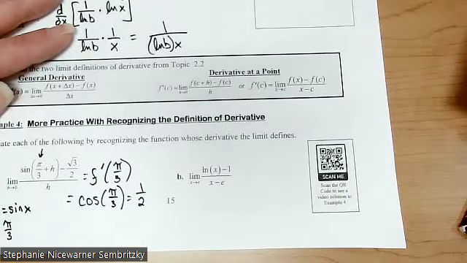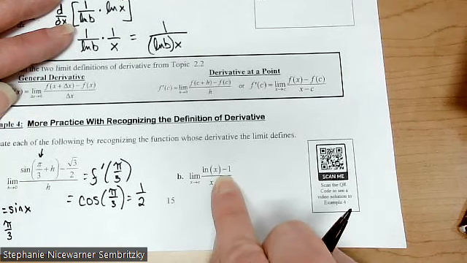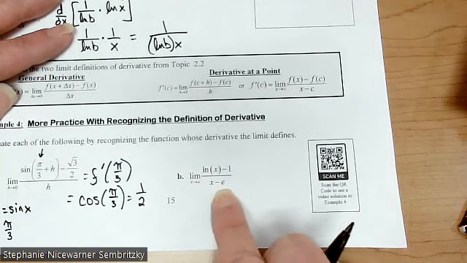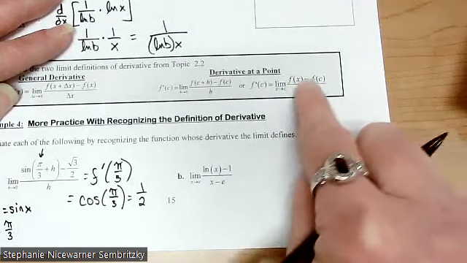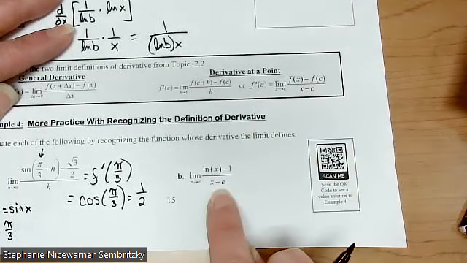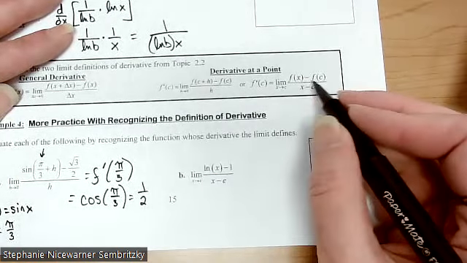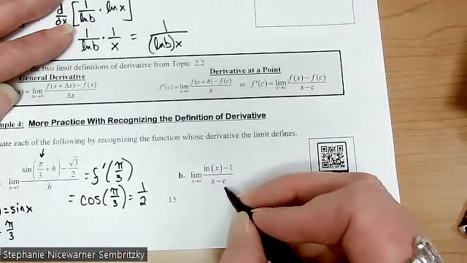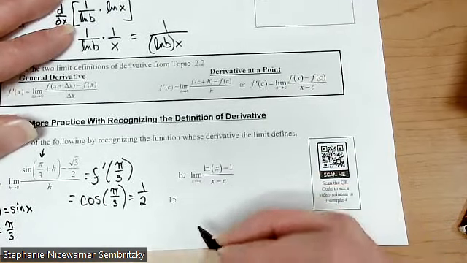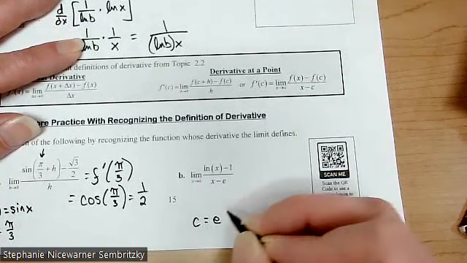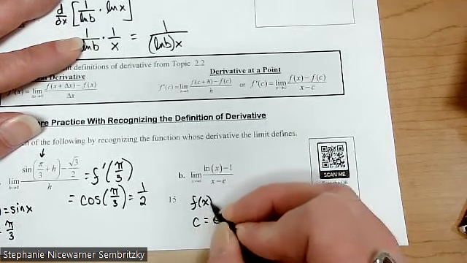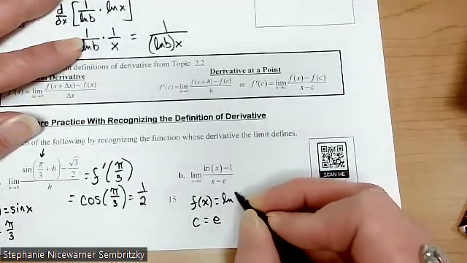On this next one, ln of x minus 1 over x minus e. This kind of reminds me of this setup. Let's see if that really is true, because it should be f of x minus f of c. So what's being plugged in as c? It looks like c is e, and that my function is ln of x.